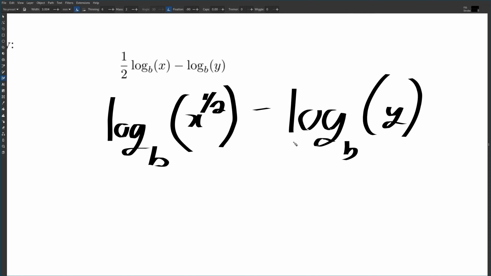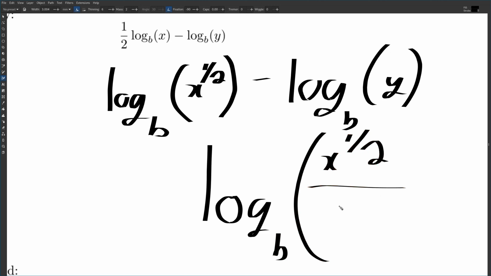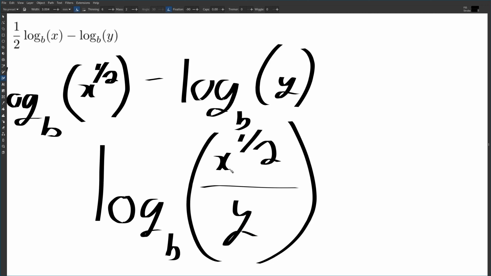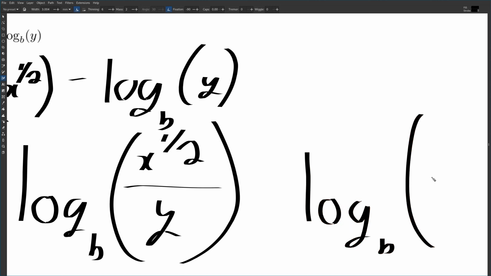Now since we have a minus sign, we can divide the top by the bottom. So we have log base b of x to the 1/2 divided by y. And alternatively, x to the 1/2 is also known as, let's write this over again real quick, log base b of the square root of x divided by y.